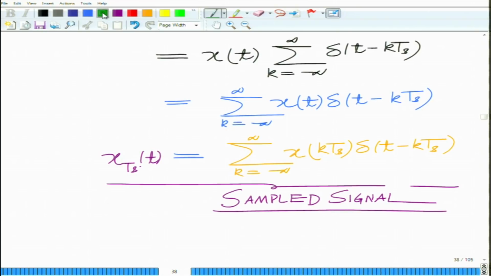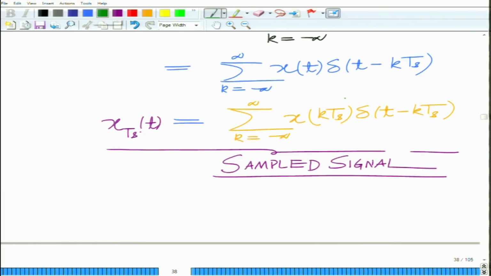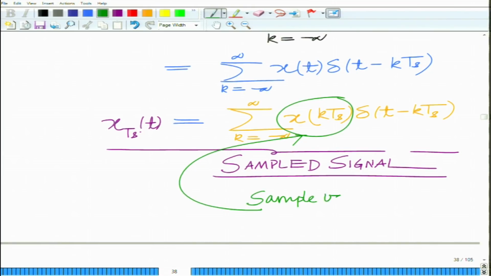And you can see this is the sample value of the signal at the sampling instant k T s.